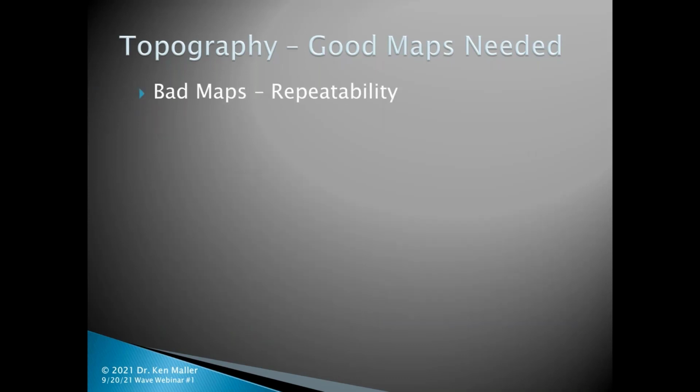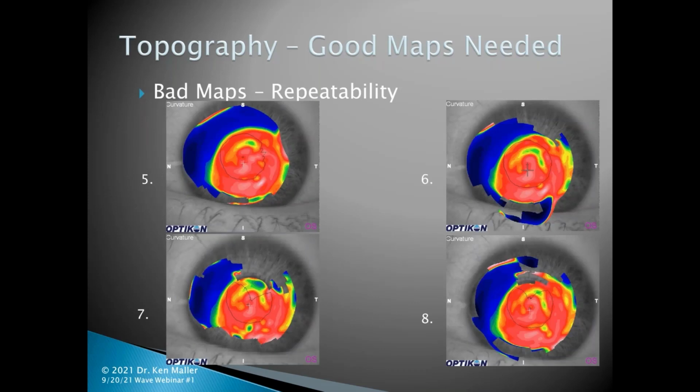All right, what about repeatability from one map to the next? Well, it certainly gets a lot more challenging when we have to deal with irregular corneas such as this particular eye here. We could see that certainly it's a very steep central cornea, it's probably keratoconus, but how repeatable are these?